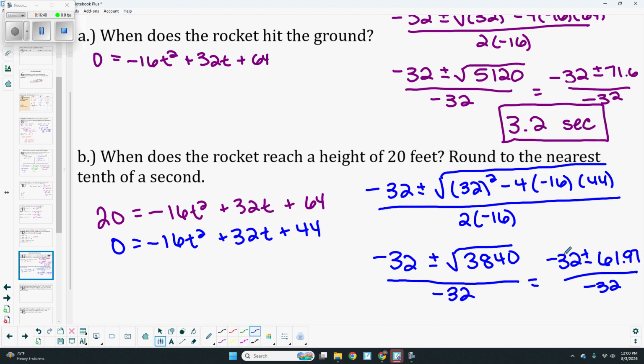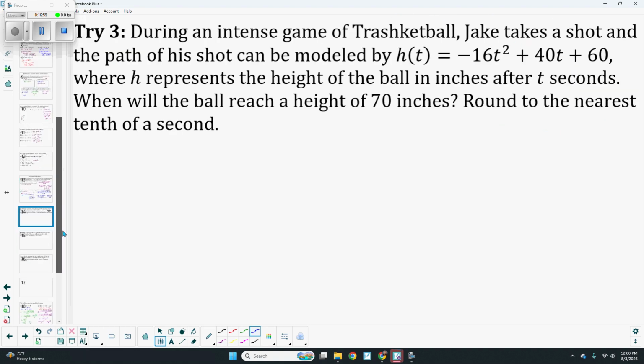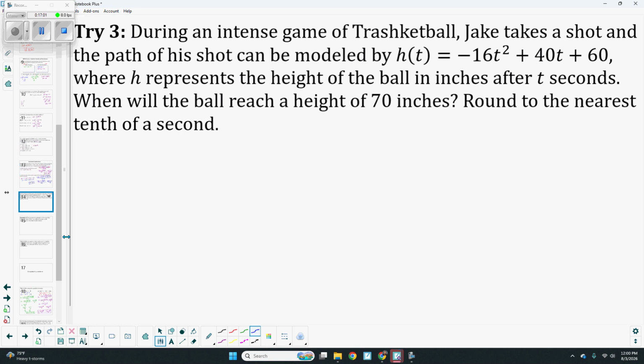So if I try negative 32 plus that over negative 32, I get negative 0.9, not great. Negative 32 minus 61.97 over negative 32 gives me a positive 2.9. So there's one here for you to try. You can pause. Answers posted in Google Classroom.